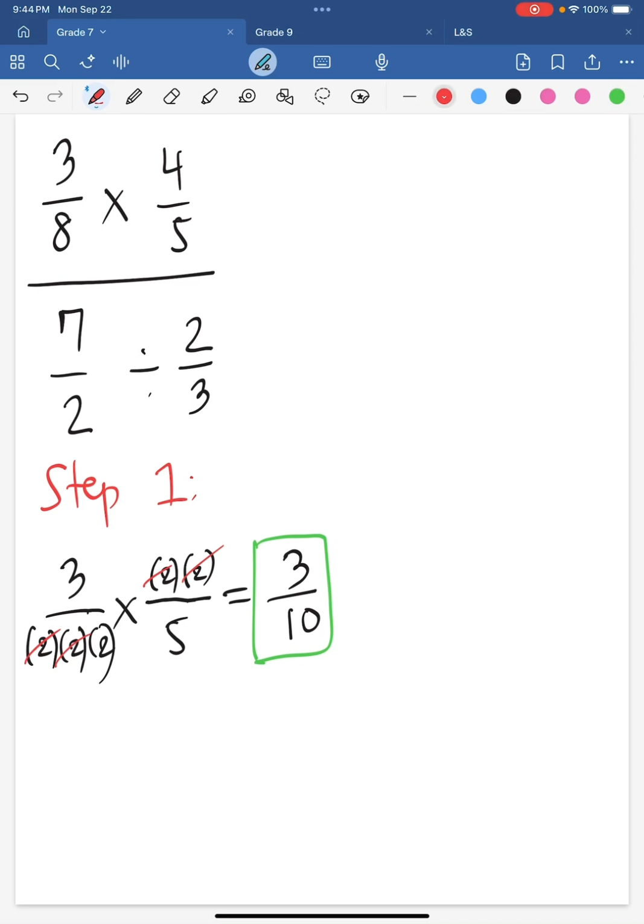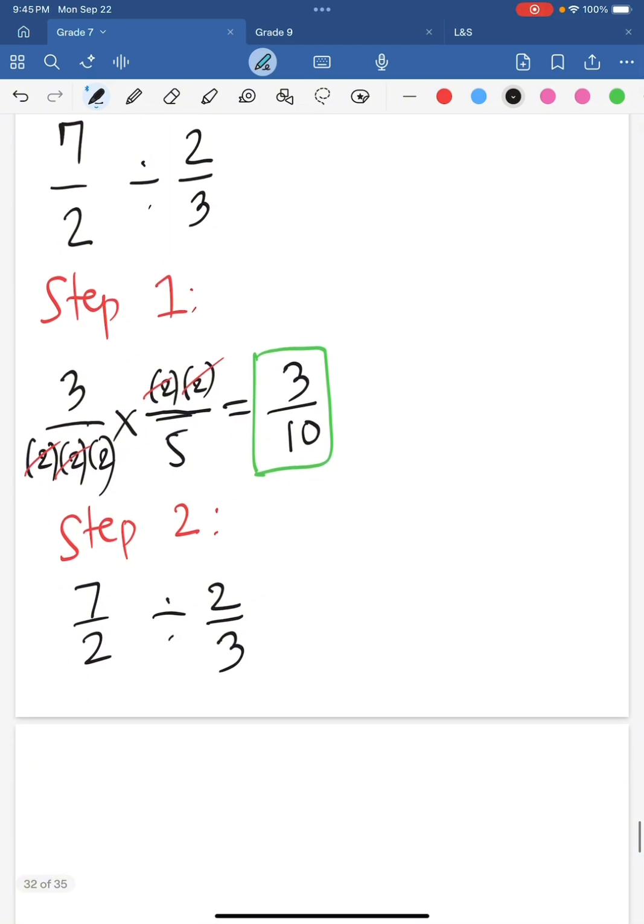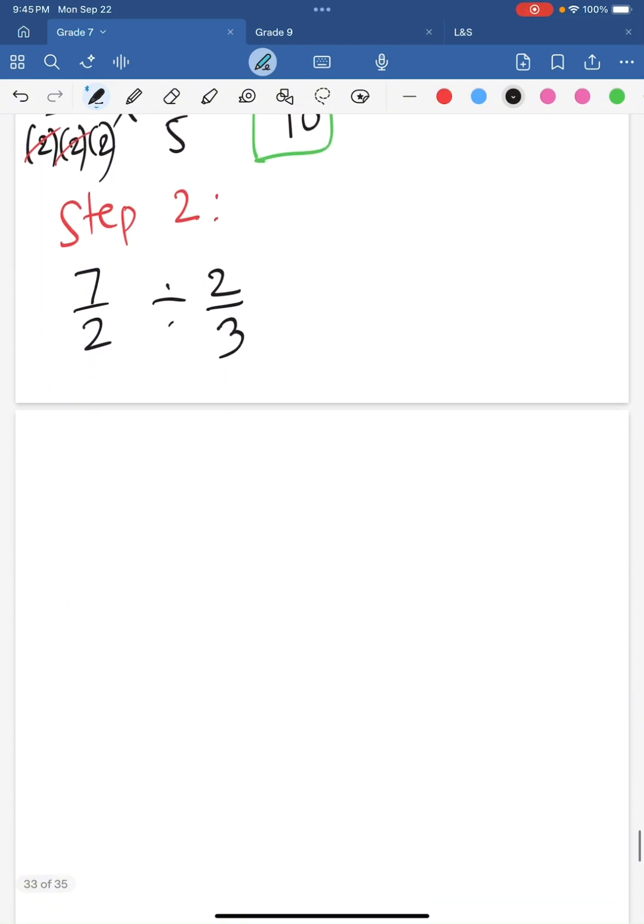Now for the second step, let us have step 2. So we have here 7 over 2 divided by 2 over 3. Okay, so we don't have enough space, so let's scroll down.